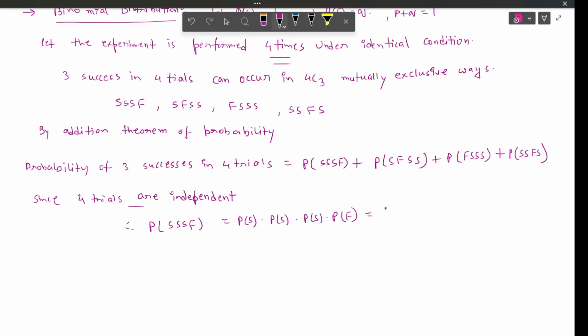So it would be p cube into q. We can write it as p cube and q to the power 4 minus 3.